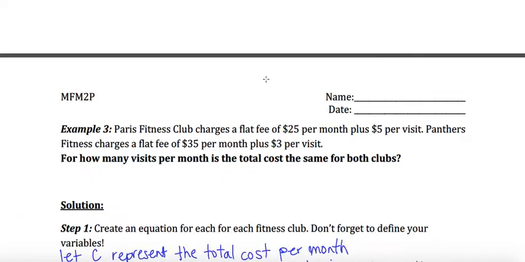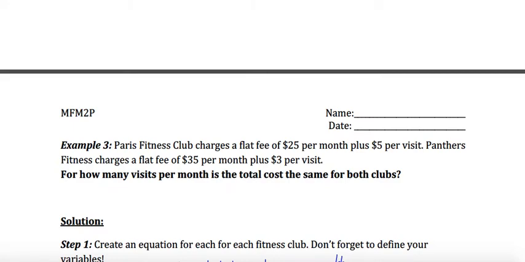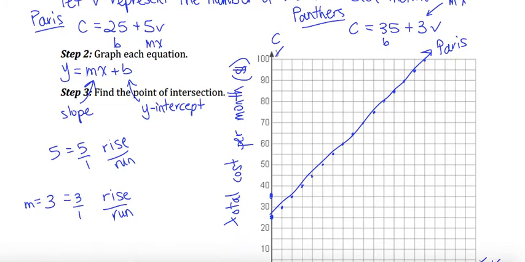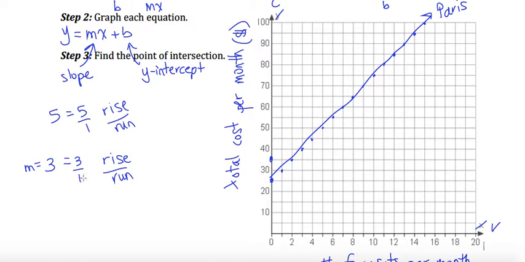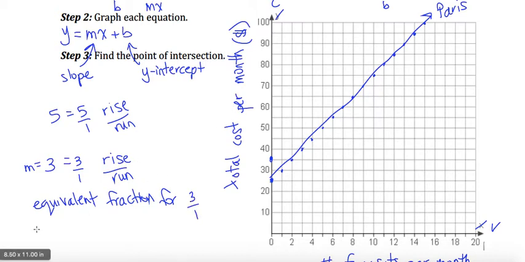So maybe I want to go up by 10s or 15s or whatever. So right now I want to find an equivalent fraction for 3 over 1, where our numerator is a multiple of 5.